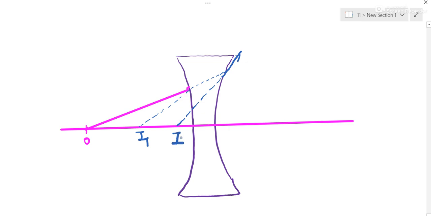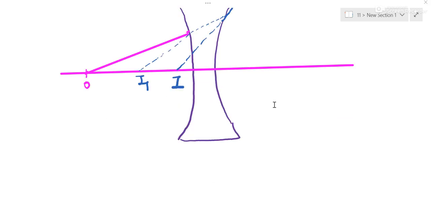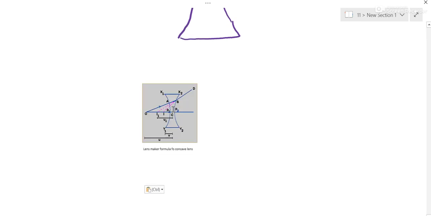This kind of proper diagram needs to be drawn. You can see this is a properly drawn diagram. It has to be drawn this way.